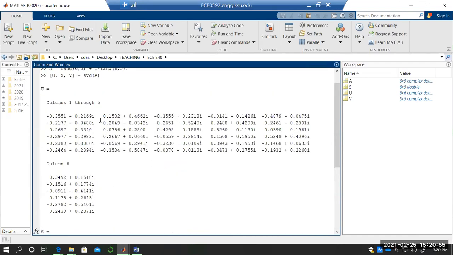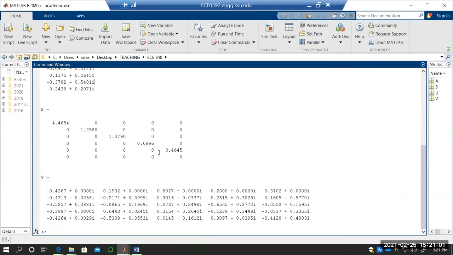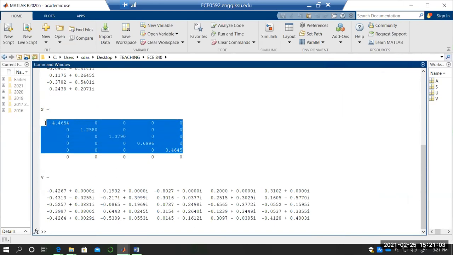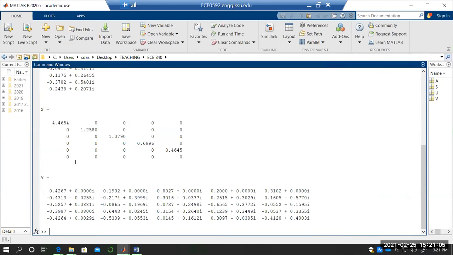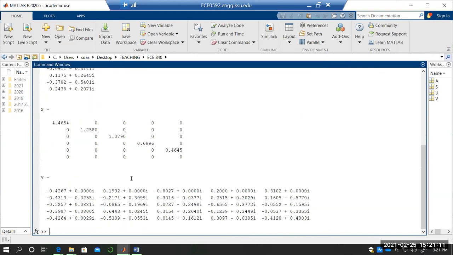So even if I took a complex matrix, it still has real singular values. But of course, U and V will be different; they will be complex.